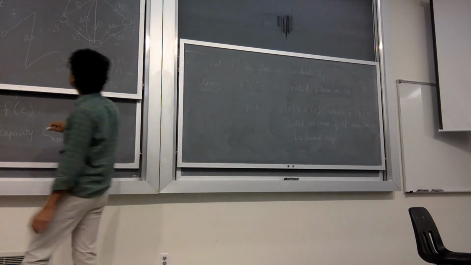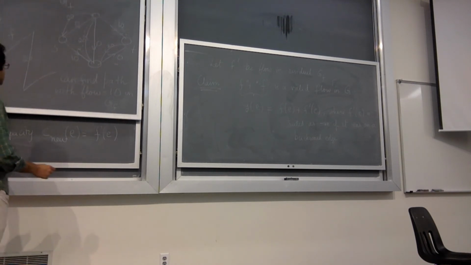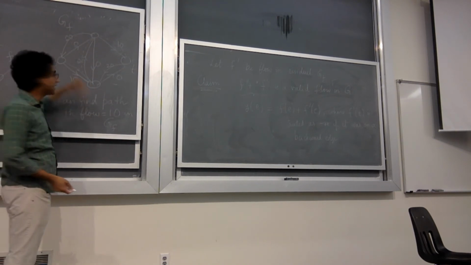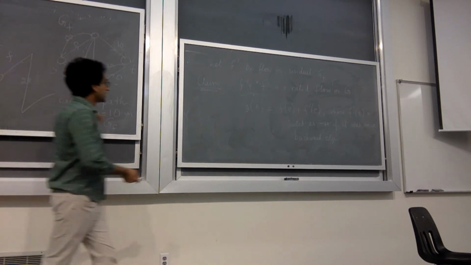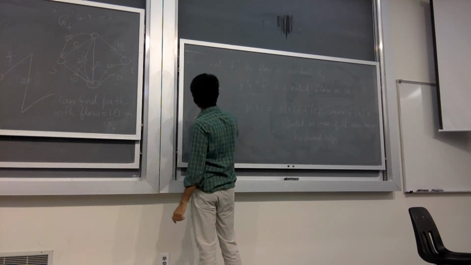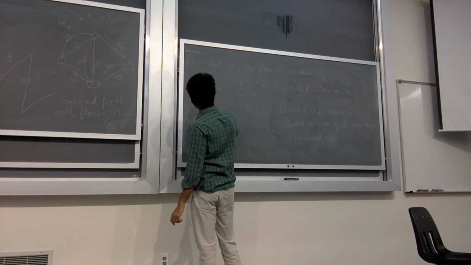Okay, so what do we mean by this? In this case, the new flow I would like to define is, so let me draw the two paths so that it's clear to you. So f was simply this, 20, 20.